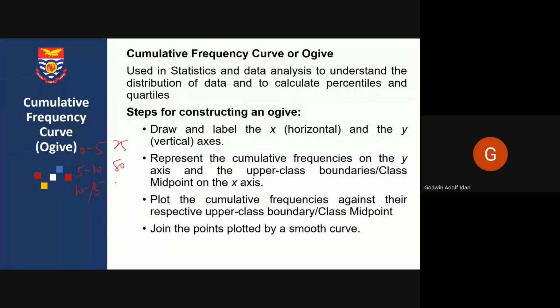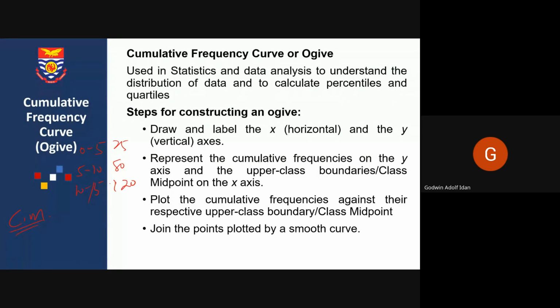Now, what we are saying here is that as you move along, the cumulative frequency simply means the addition of the frequencies. So as you move from one class to the next, you are only adding the frequencies of the respective classes that you have moved through. So that is what we mean by the cumulative frequency. And this is used in statistics and data analysis to understand the distribution of the data.